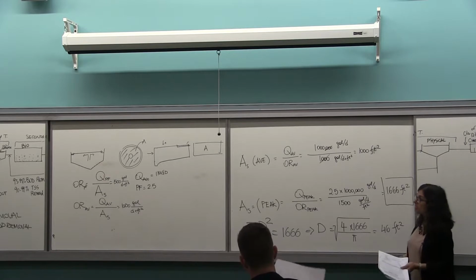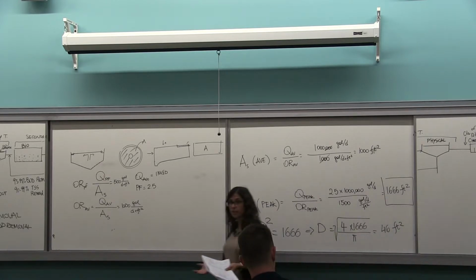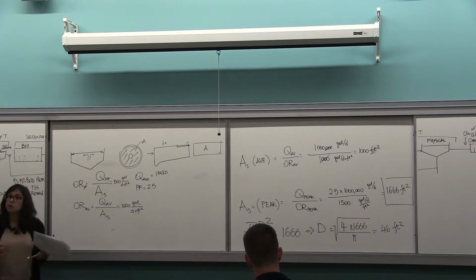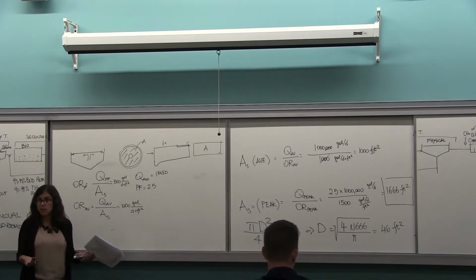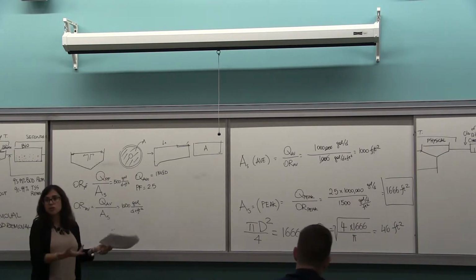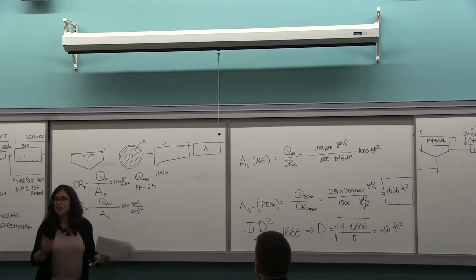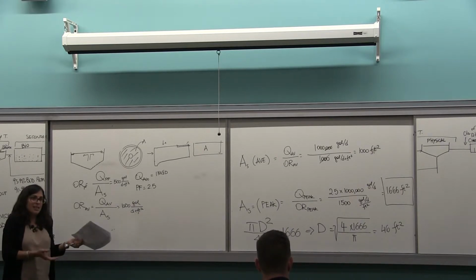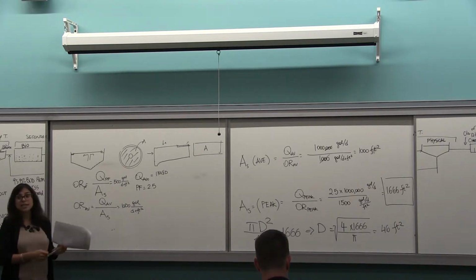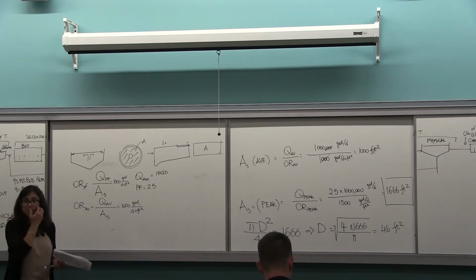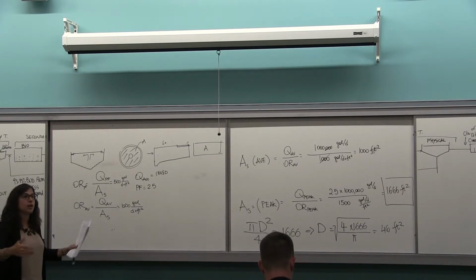So clarifier design is always based on overflow rate. Both primary and secondary clarifier are based on overflow rate. So this is how we size. And usually the depth is pretty much a standard, because efficiency, theoretically, is independent of the depth of the clarifier, but depends only on the area.